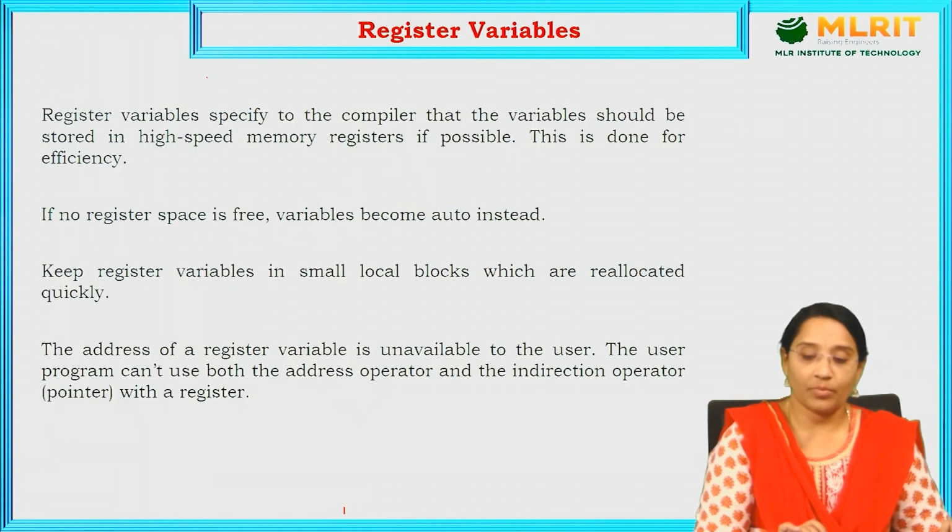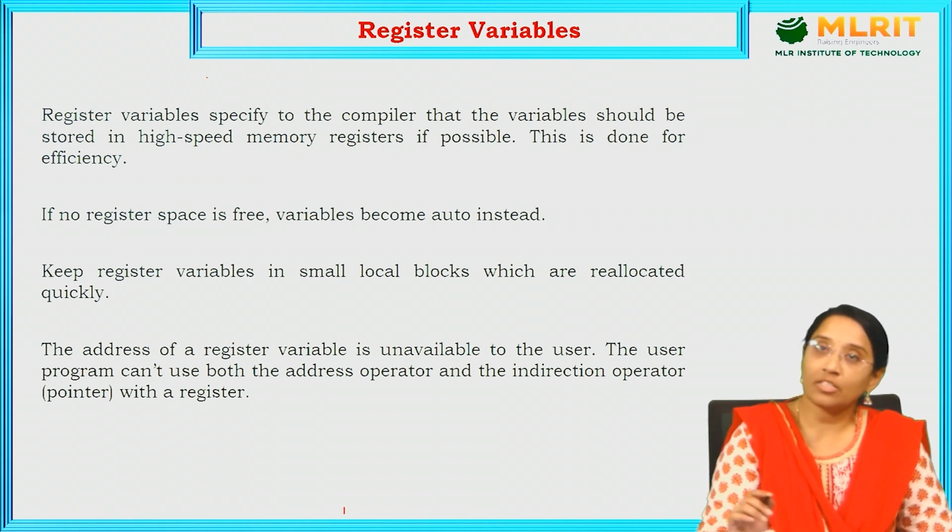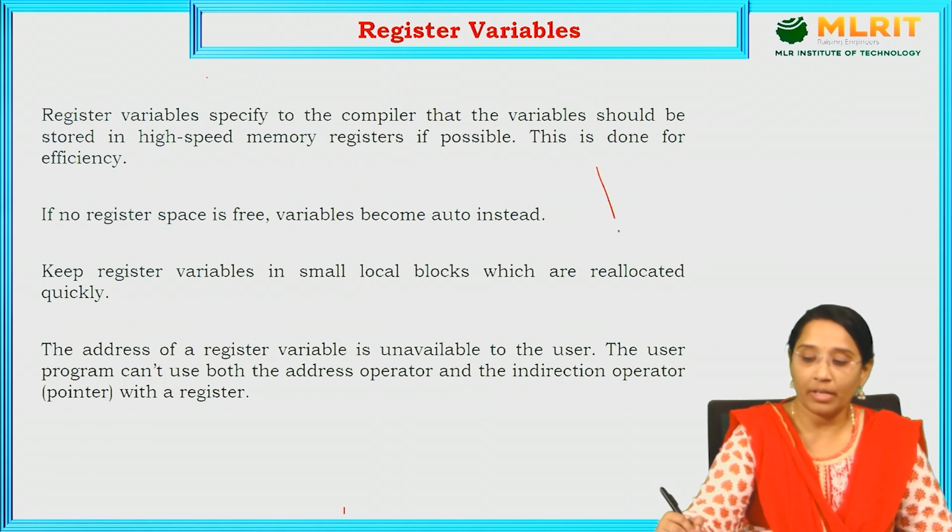Next one, register storage class. What is a register storage class? Why do we need registers in C programming? Register variables specify to the compiler that a variable should be stored in high-speed memory registers if possible. Register is one type of memory unit in the CPU.